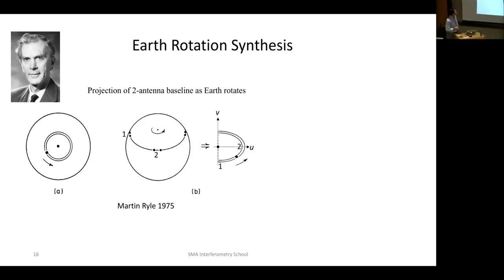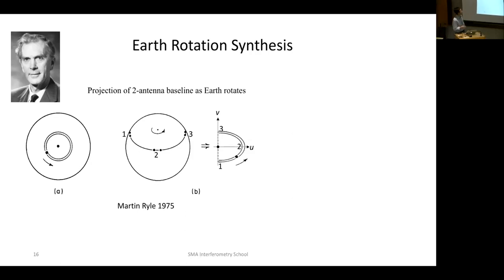Point 1 corresponds to here, point 2 here, point 3 here. At transit, point 2, you have the maximum east-west baseline and the smallest north-south baseline. During rise and set, you have the minimum east-west baseline but the maximum north-south baseline.